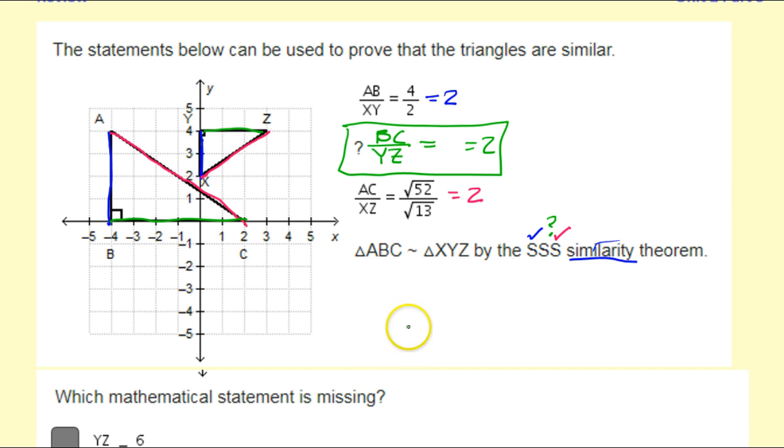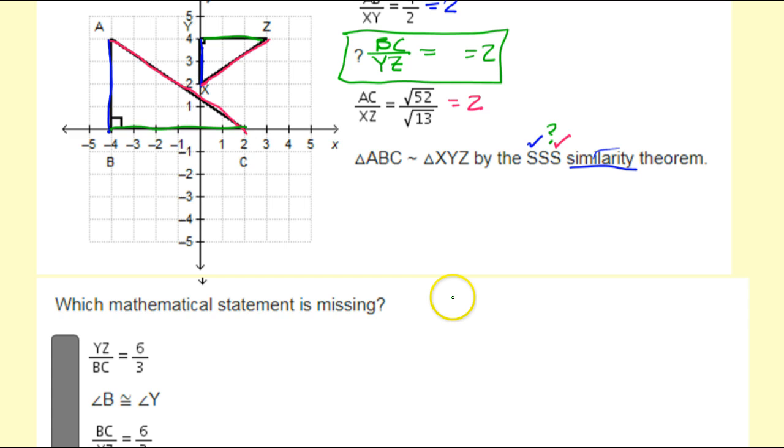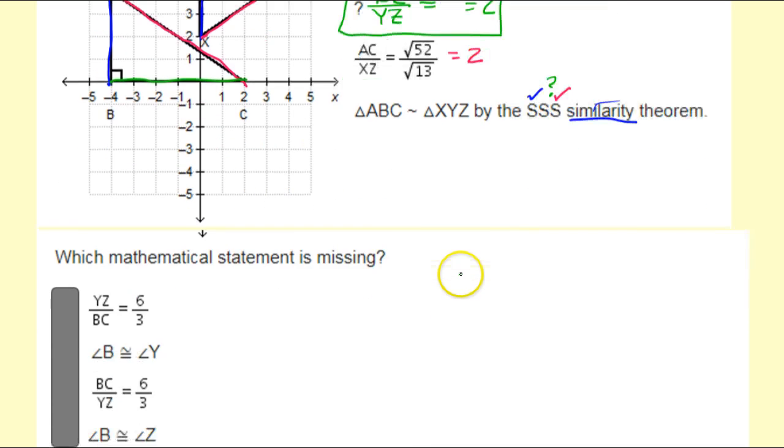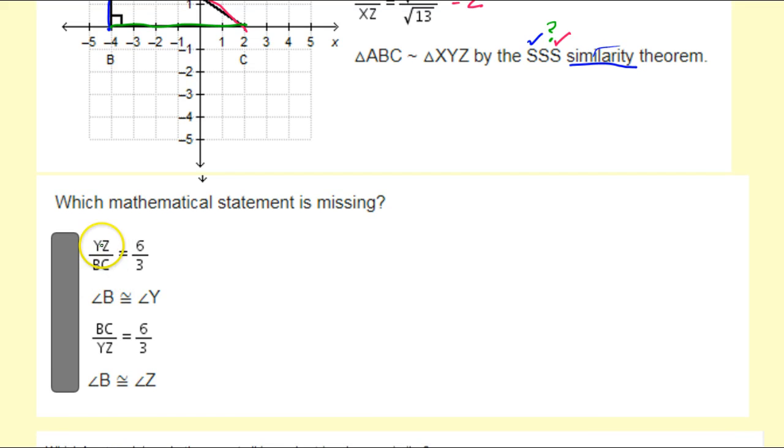Okay, so let's see what we get. First of all, I'm looking for BC over YZ. Okay, this has the BC and the YZ, but it's upside down. So that's no good. This is not even close. These are angles, right? It's side-side-side. It doesn't say anything about angles, so I can forget about the angles.